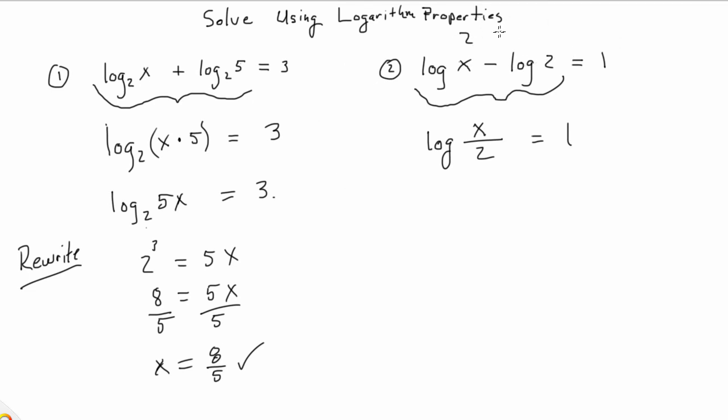So notice there's 2 logs up here, and here I only have 1 log. A very common thing would be to write log of x divided by log of 2, but we're taking 2 logs and turning it into 1.